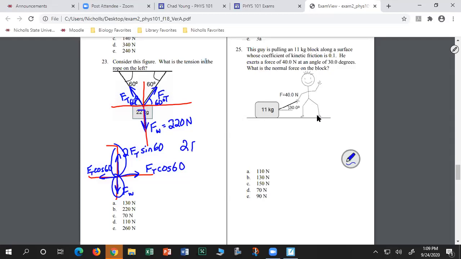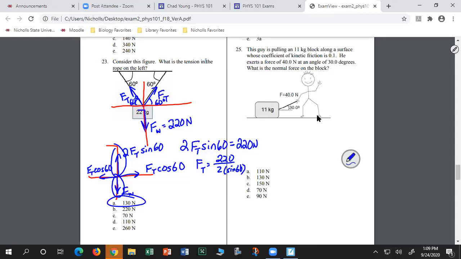So I say 2 Ft sine 60 is equal to the weight, which is 220 newtons. And so Ft is 220 over 2 times sine of 60. I don't know what that is right off. 110... It's 130 newtons.